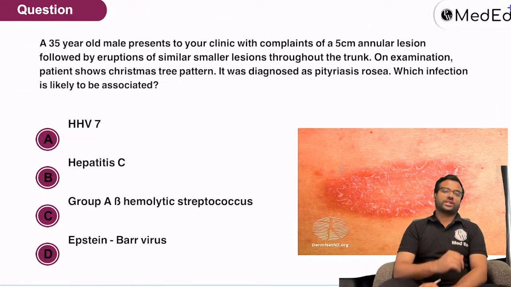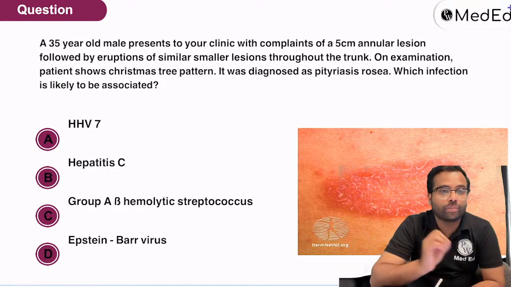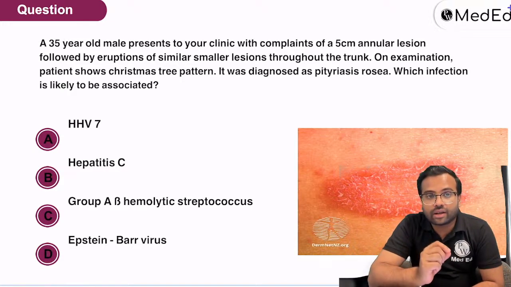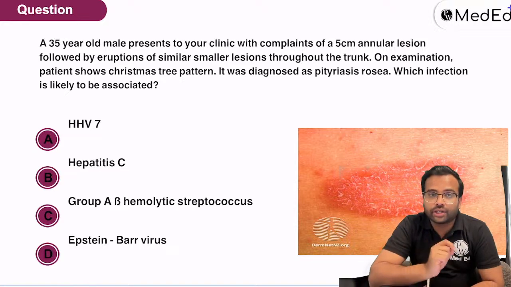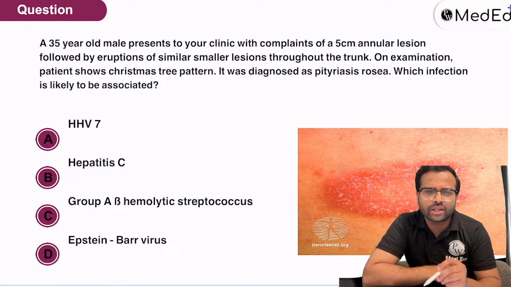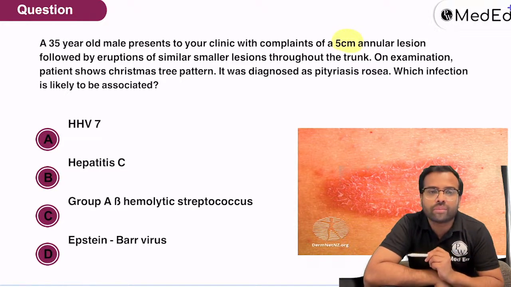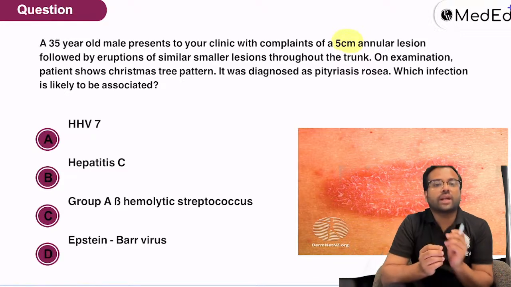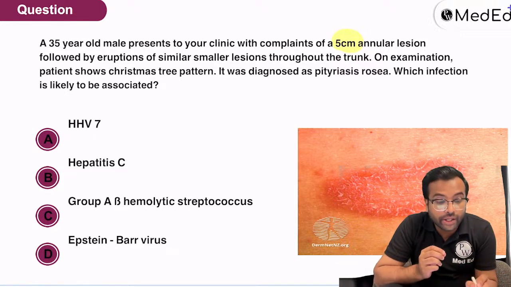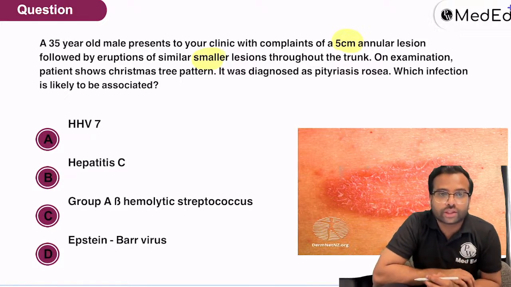In this next question, a 35-year-old male presents to your clinic with complaints of a 5 centimeter annular lesion. You have to pay attention that there is a 5 centimeter round or annular lesion followed by eruption of similar smaller lesions throughout the trunk.